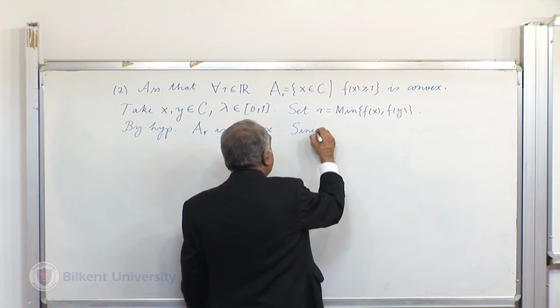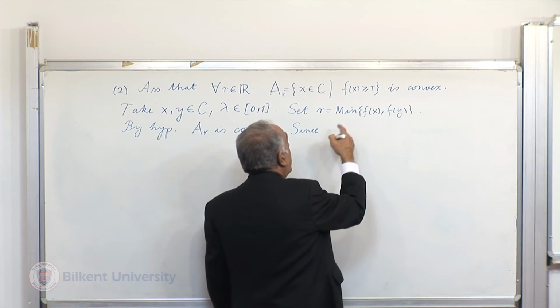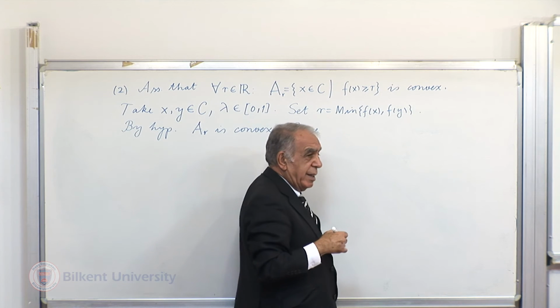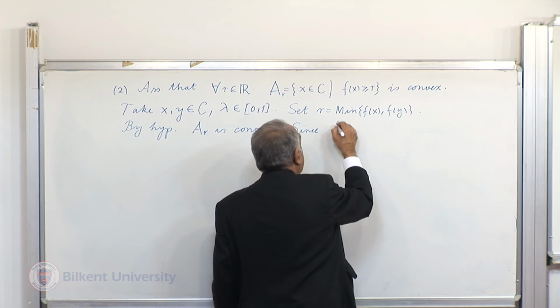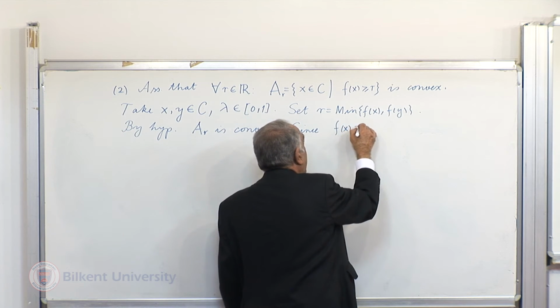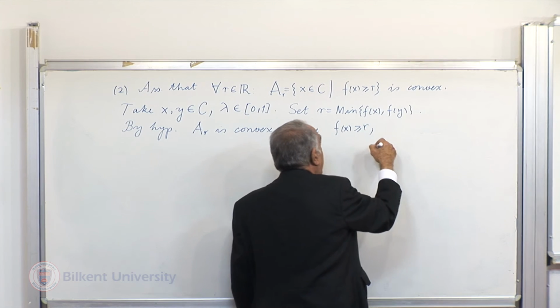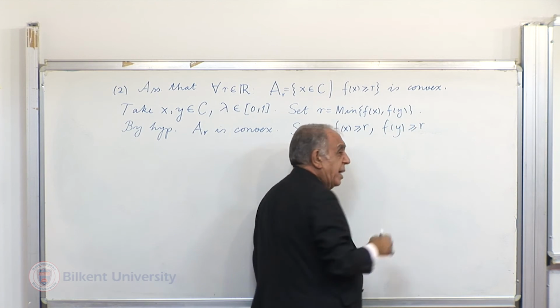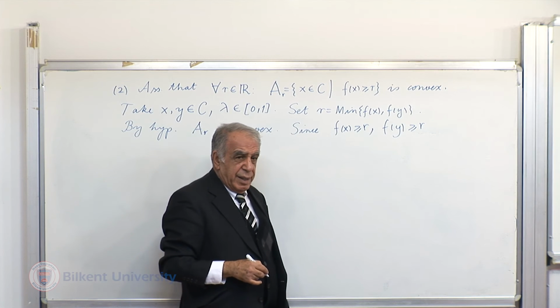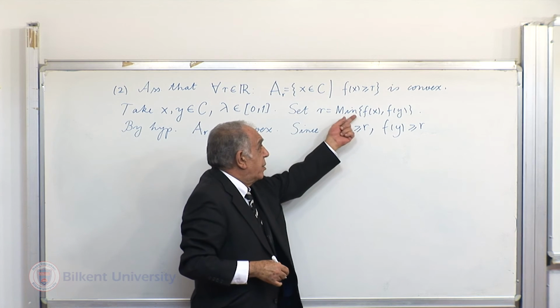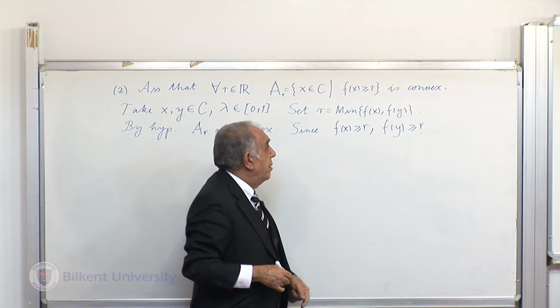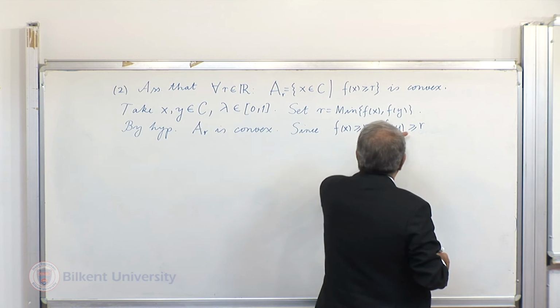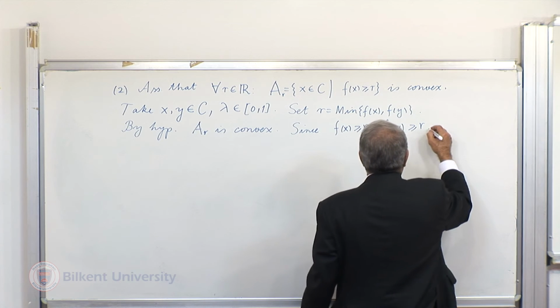since how are f of x and R related? F of x is larger than or equal to R. F of y is larger than or equal to R. Because this is equal to just either f of x or f of y, and we have this with one equality.